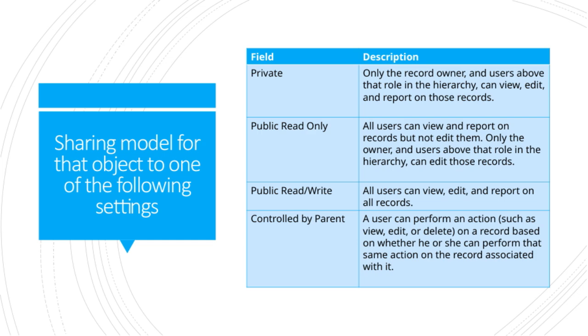It's a way to automatically inherit permissions from related records, maintaining consistency. Understanding these sharing models is key to managing access effectively, ensuring the right people have the appropriate level of control over your data, all while supporting your overall data governance strategy.